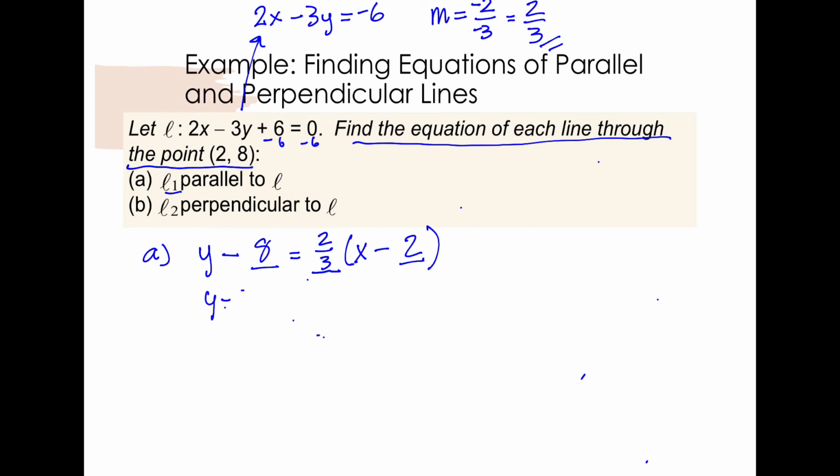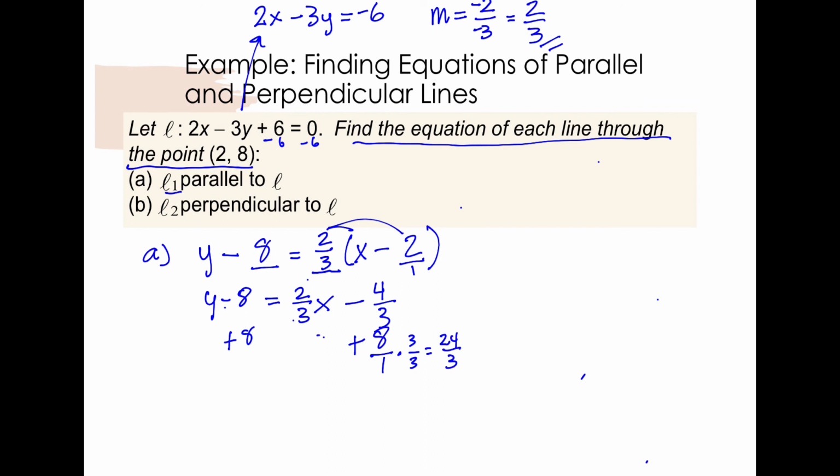So I have y minus 8 equals, I'm going to distribute this, 2/3 x minus, this is 2 over 1, so 2 times 2 is 4, and 3 times 1 is 3, 4/3. Adding 8 to both sides. This is 8 over 1. We need a 3, so I'm going to multiply the top and the bottom by 3. That gives me 24/3.